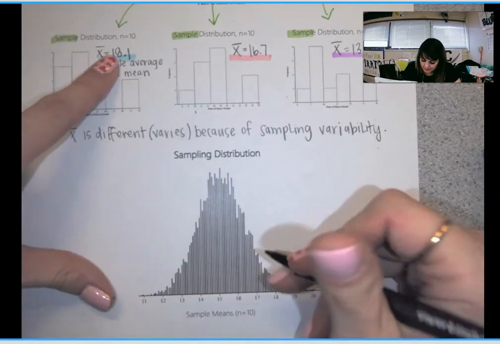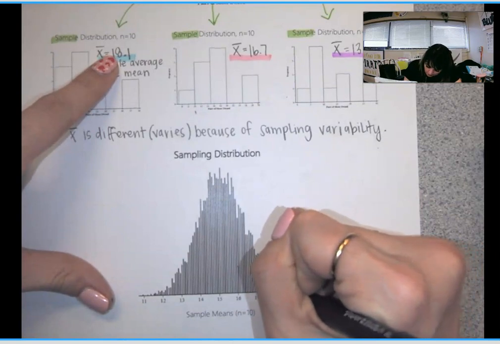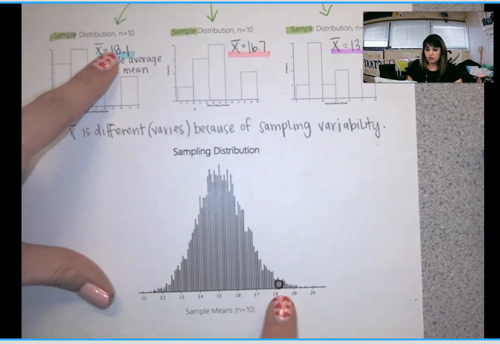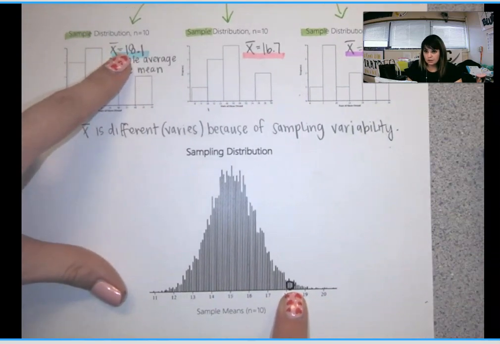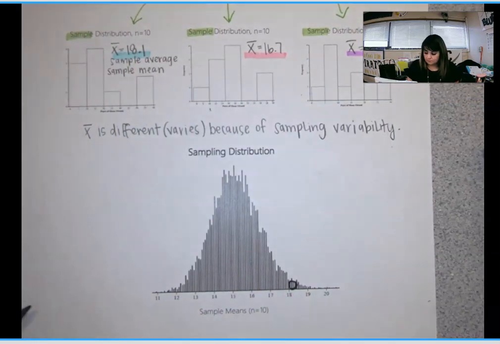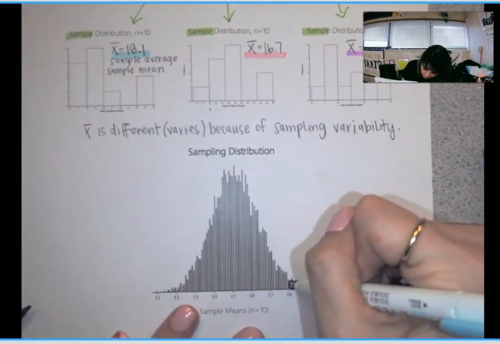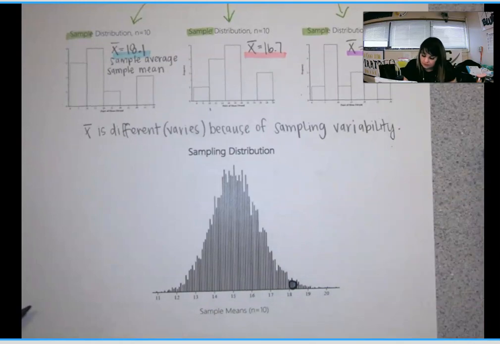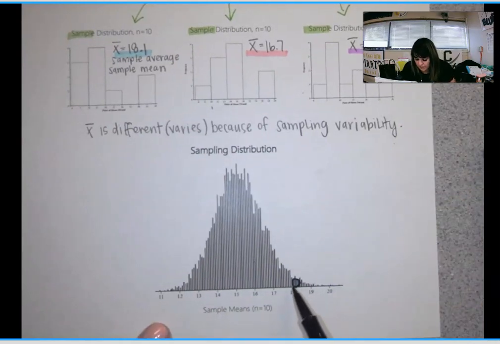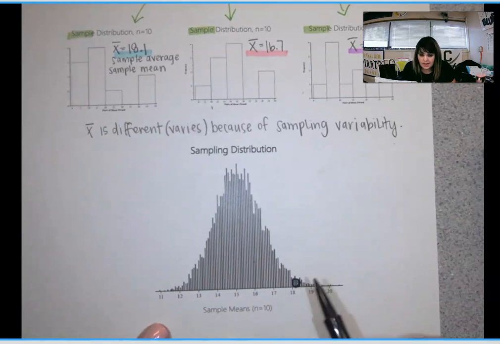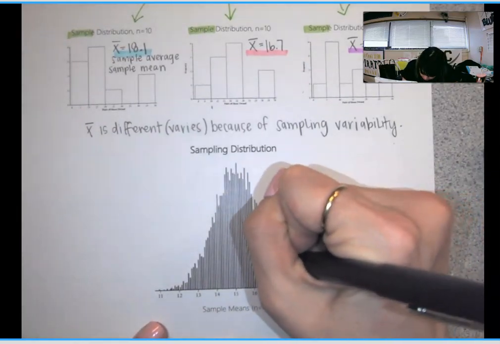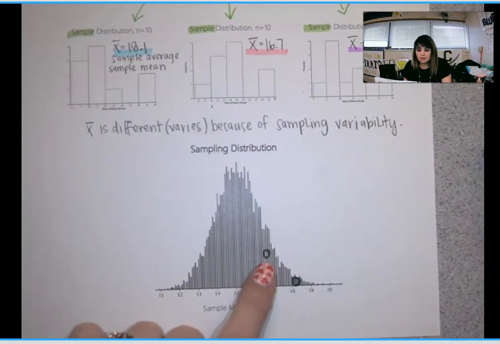So for this 18.1, I'm going to come over here to where about 18.1 would be, and I'm going to draw a huge dot. And then I'm going to fill it in with this blue color. Then I'm going to do the same for 16.7. And it doesn't have to be toward the x-axis. Like 16.7, that particular sample might be right here.